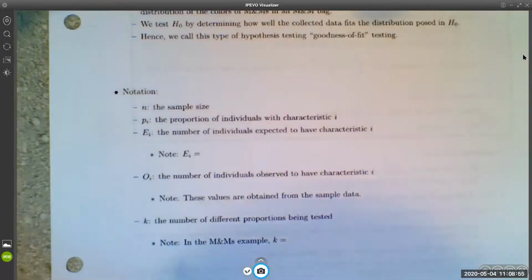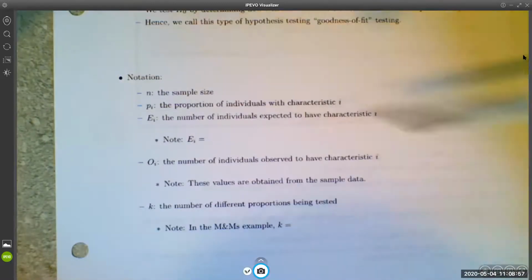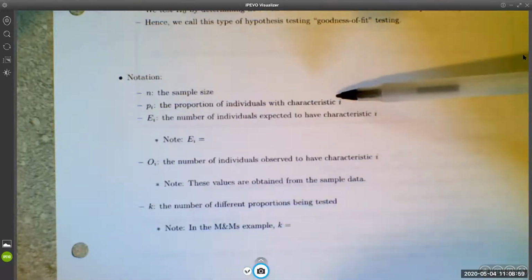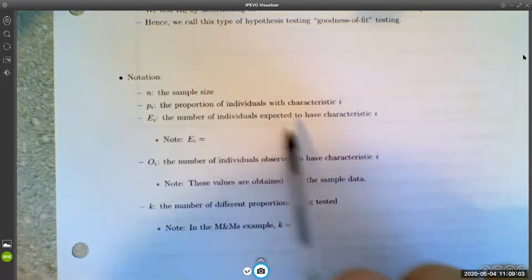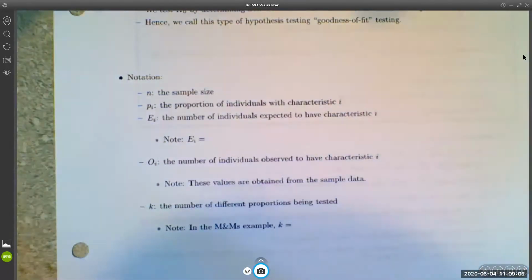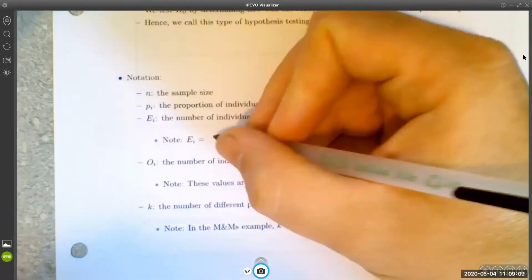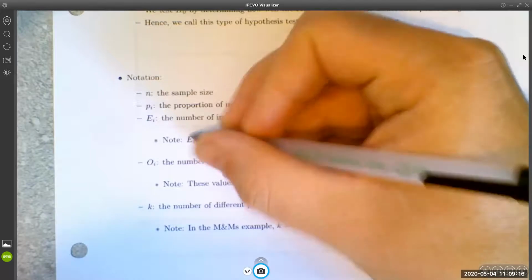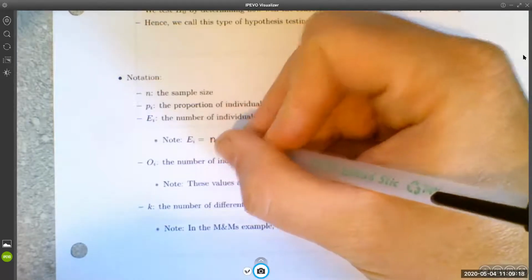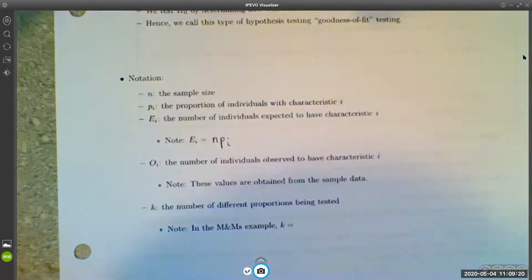Here's some notation. Little n is the sample size as always. P sub i is the proportion of individuals with characteristic i. E sub i is the number of individuals expected to have characteristic i. So it's the expected value for characteristic i. And we know that for a binomial variable, the expected value is n times p. So the expected value for characteristic i is n times p sub i. O sub i is the number of individuals observed to have characteristic i.